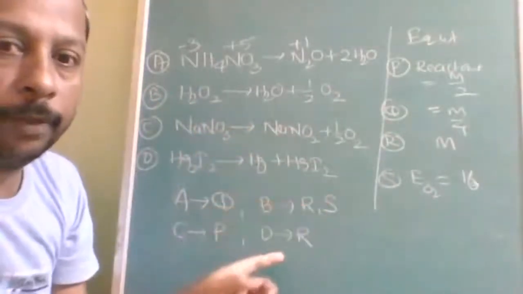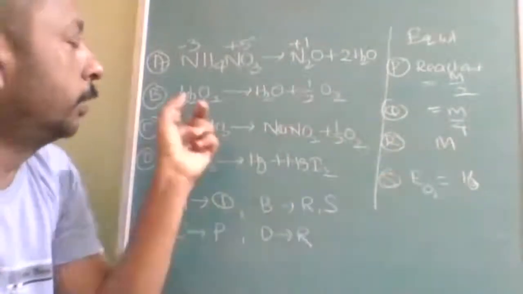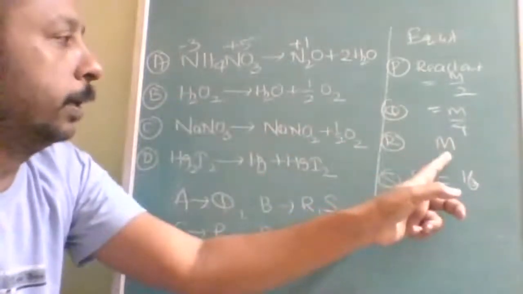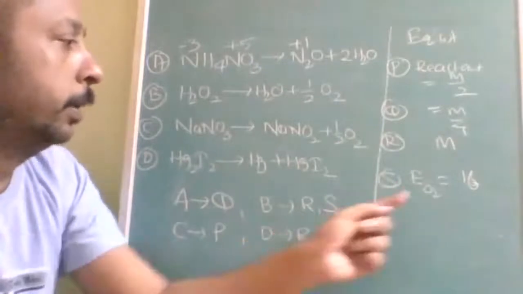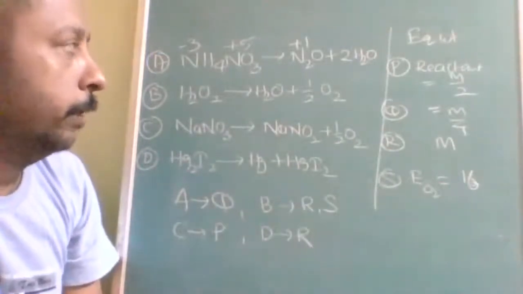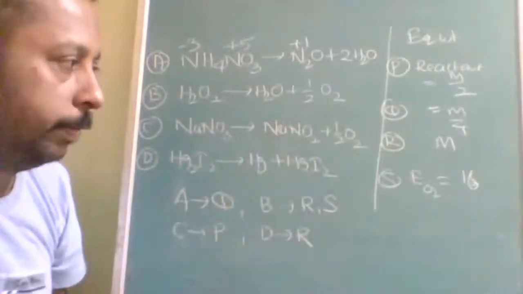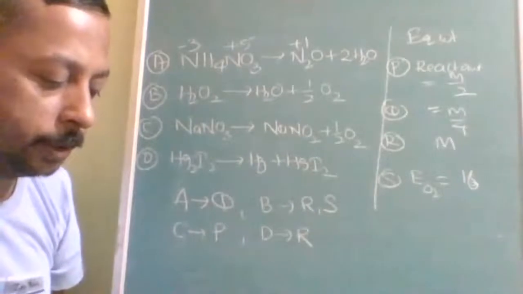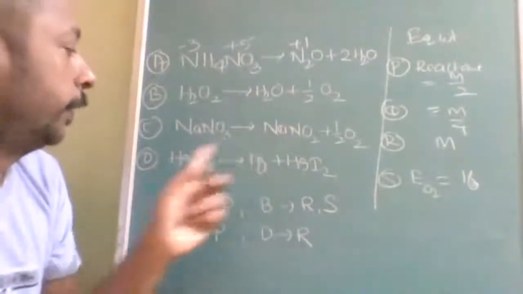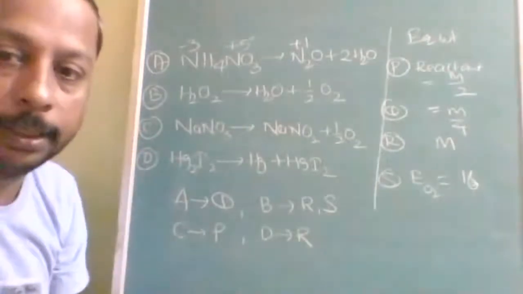So the equivalent factor will be 1, and the equivalent weight will be the molecular mass upon 1. Same way, equivalent weight of only oxygen in O2, this I am telling you will be S. Is that clear? Same way you can do for this one, and this one. C answer is P, D answer is R.